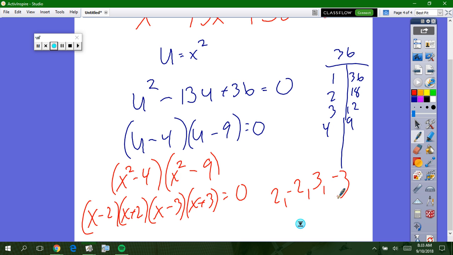Which one? This, from right here to here. This is called a difference of squares, and it goes into a conjugate pair.